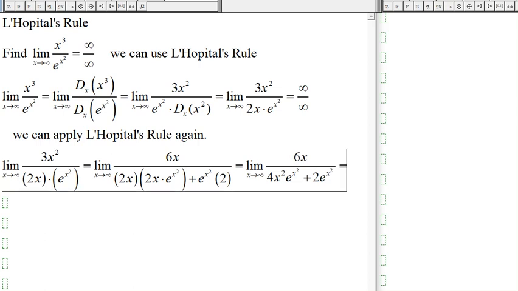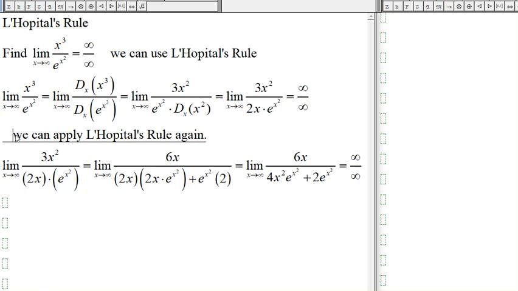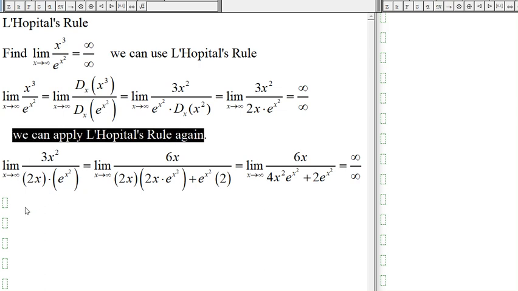And again, if we let x run to infinity, then we get infinity over infinity again. So we can apply L'Hopital's rule again.